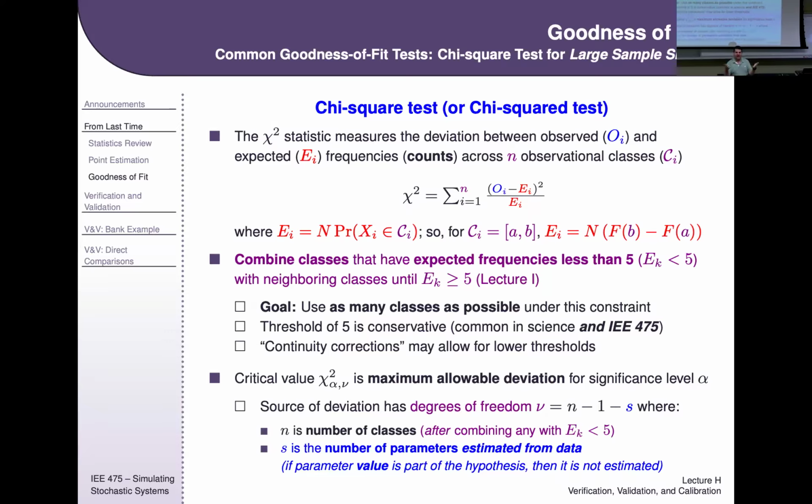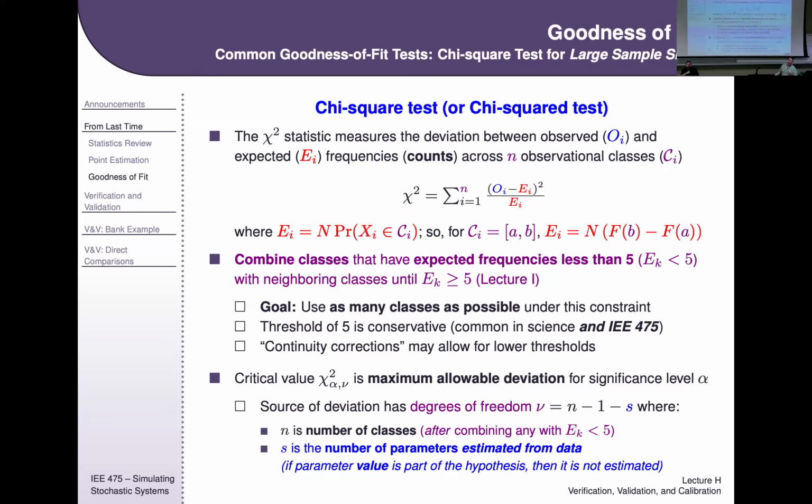Whenever you compare counts, a chi-squared test is the first thing that comes to mind. And so this is the same chi-square test we've been doing. The big change here is that the expected counts now have to be calculated from your probability distribution. So from your probability mass function, in the case of a discrete random variable like the Poisson, like on the homework, or probability density function with the integrals underneath the curves, in order to get this here.